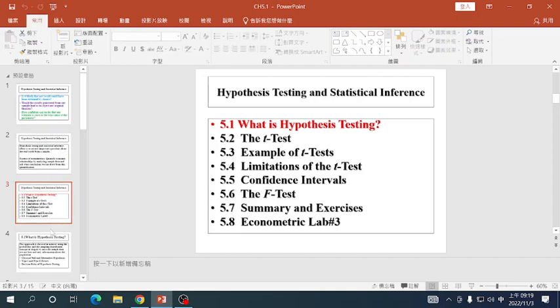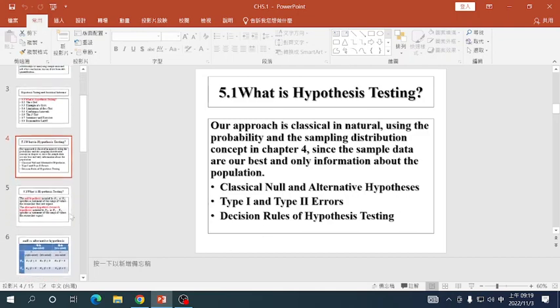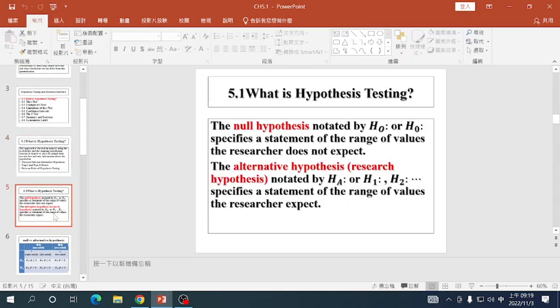Okay, first of all, let's think about the hypothesis testing, okay? So would you turn to page 134 in our textbook, and since the first step is to state the null and alternative hypothesis, I'm going to explain what the null and alternative hypothesis are. Okay?